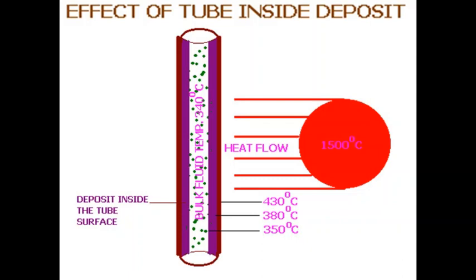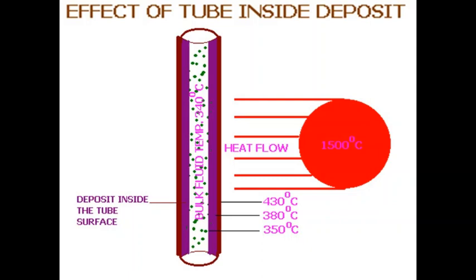When there is some scaling due to hardness of water, or due to corrosion, fire side or water side corrosion, the tube surfaces are not clean, and whatever heat they are receiving, due to the resistance posed by the scales, the tube metal temperature increases beyond the normal temperature, and instead of 400, the temperature comes out to be 430.